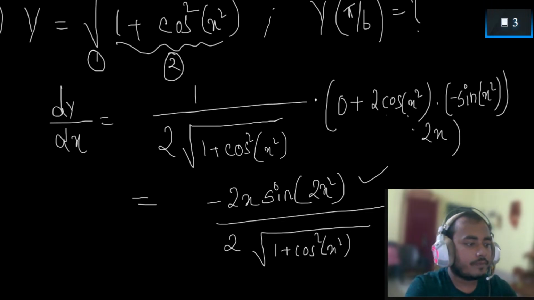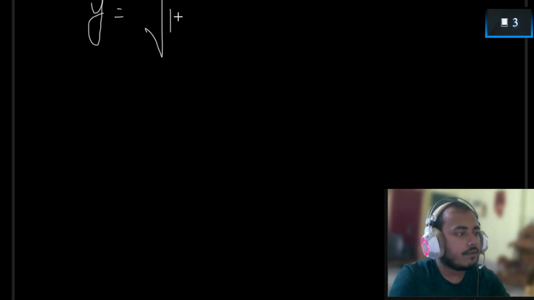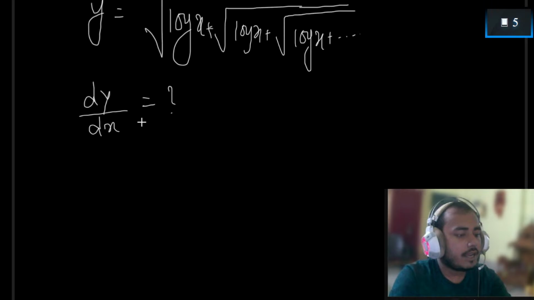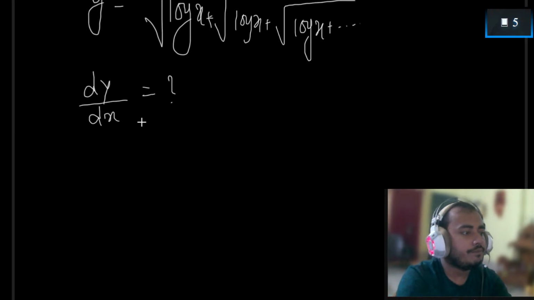Okay, so let's go to the next page and write down another question we have. Let's say we have y equals root over log x plus root over log x plus root over log x plus dot dot dot and so on up to infinity. Then what is the value of dy by dx? I would also give you a few options here.